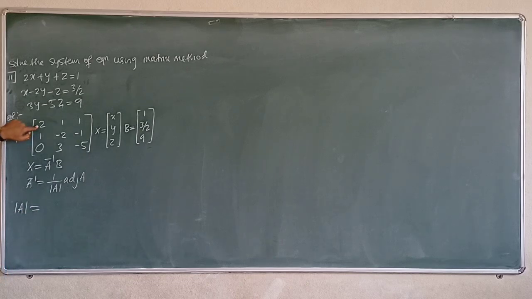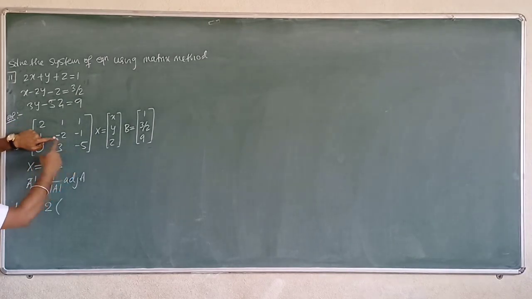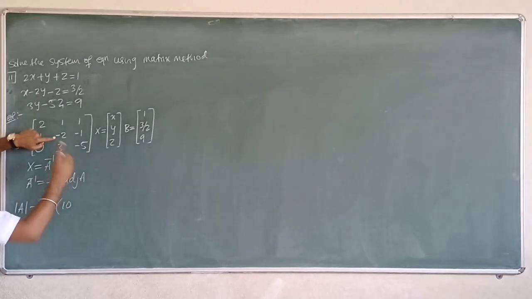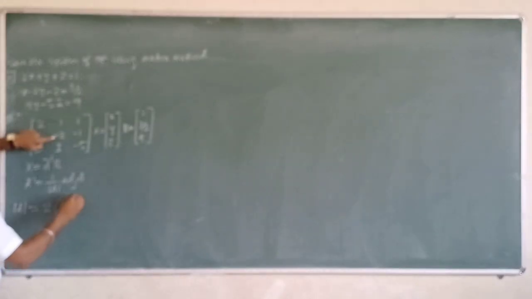A11 is positive or negative? Positive. That is 2 into, first row first column deleted here, minus into minus plus, 2 5s are 10. Next up plus into minus minus, minus into minus plus, 3 1s are 3. Okay, A12 element is negative, take this minus 1, delete first row second column, 1 into minus 5 is minus 5 minus 0 into minus 1 is 0, neglect here, right?